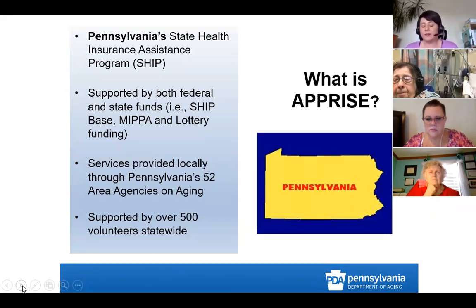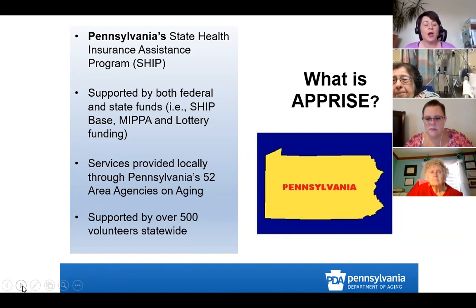So what is APPRISE? APPRISE is the name of Pennsylvania's State Health Insurance Assistance Program, otherwise known as a SHIP program. And I emphasize Pennsylvania because these programs are established in all states across the country.